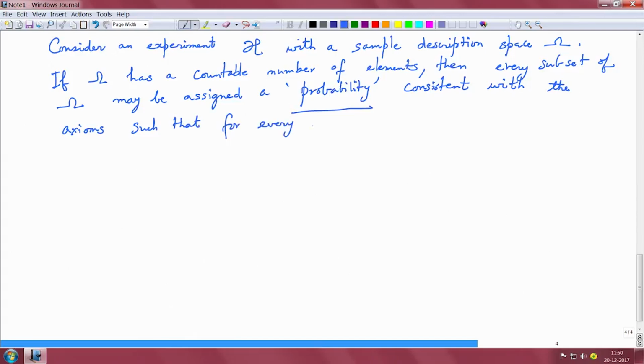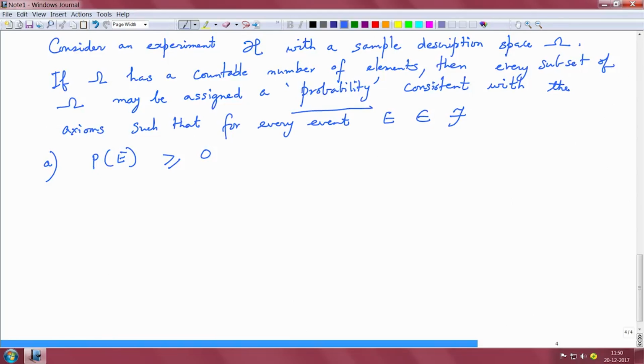for every event E belonging to the field script F, the following hold: one, the probability of the event should be greater than or equal to 0. Now, we are assigning some metric, some measure to this, right.